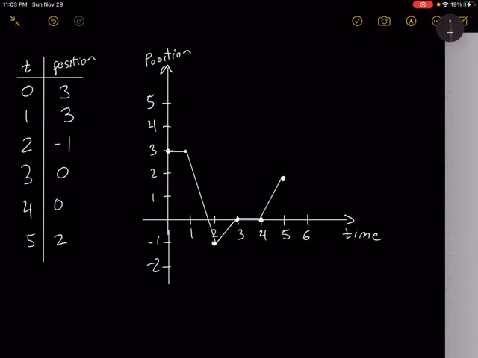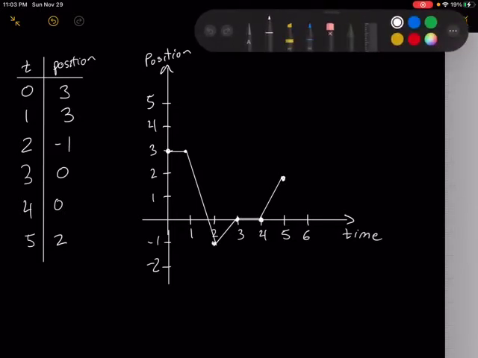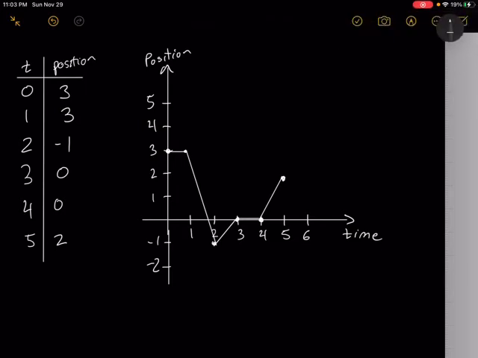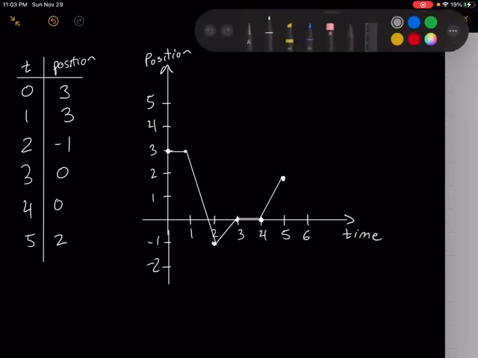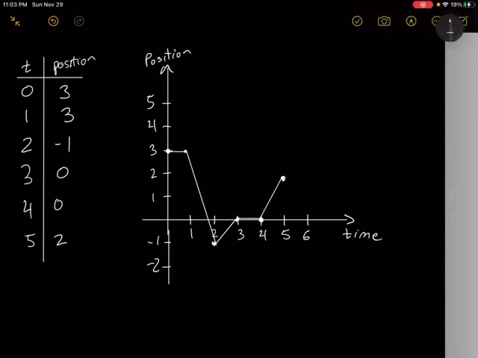And then between 1 second and 2 seconds, we go from position 3 to position minus 1. So we're going in the negative direction, and then we switch direction from negative to positive as we go from minus 1 to 0. We hold position for a moment, and then it moves from 4 to 5 seconds. It moves from 0 to position 2.